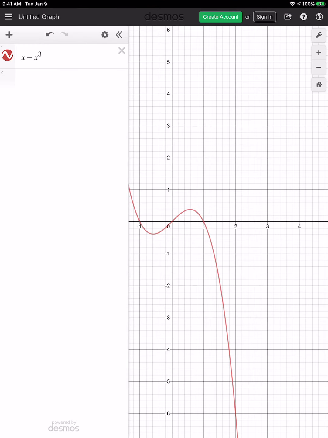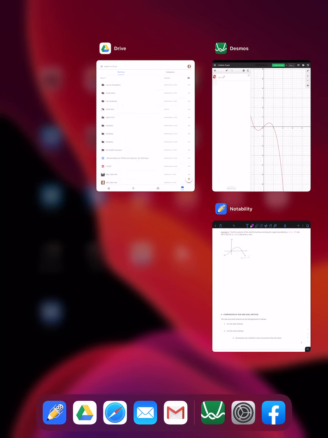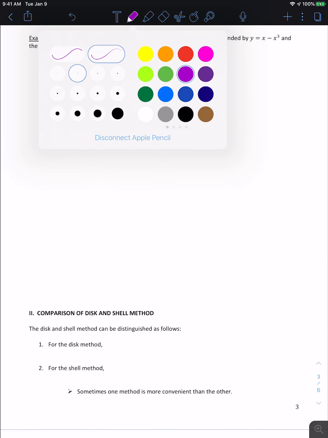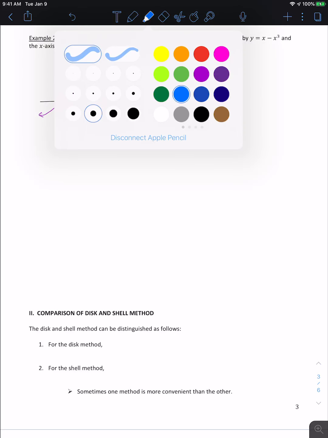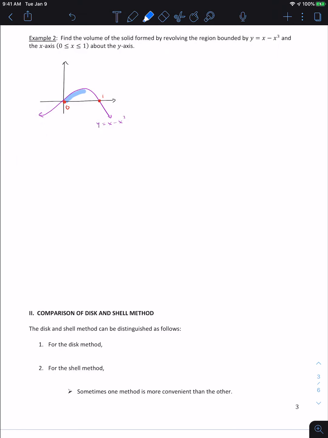Notice x equals 1 is where I actually cross the x-axis here. So we can see that this point right here is x equals 1. Here's x equals 0. And let's draw the region that we want here. It's going to be this piece right here, right?